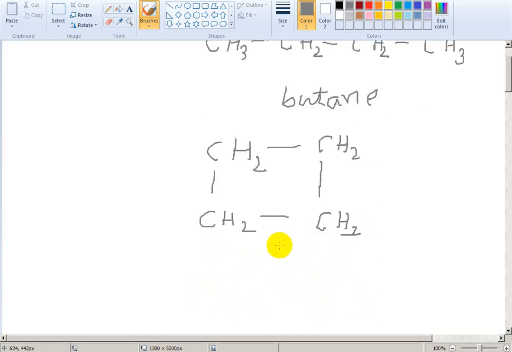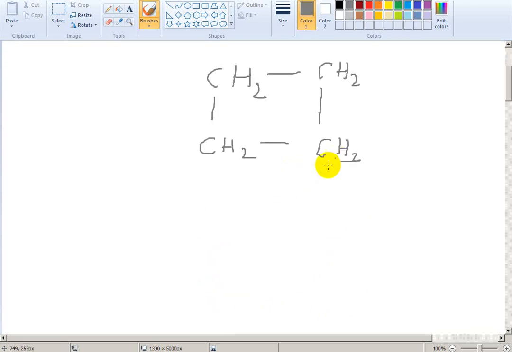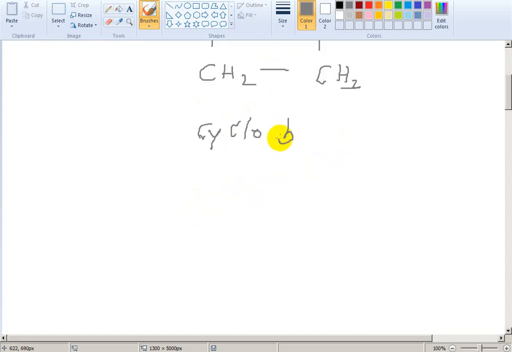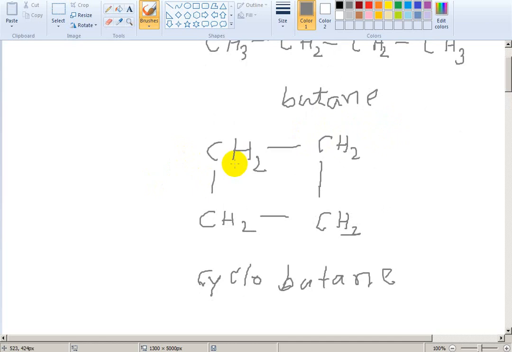This is butane. This is cyclobutane. When two ends are closed, we add the prefix cyclo, and then butane, so cyclobutane.